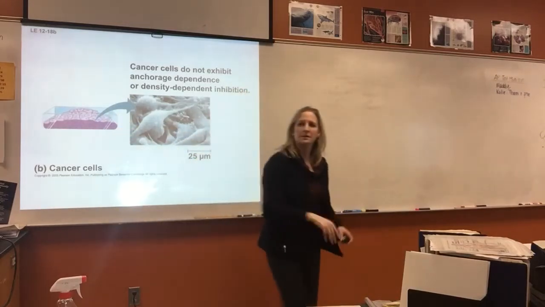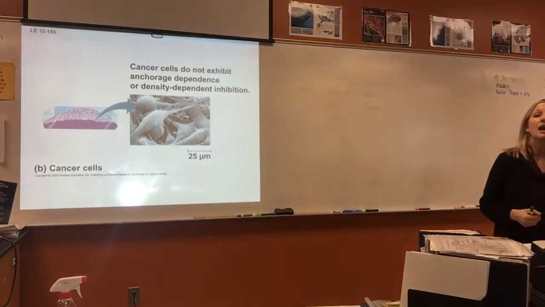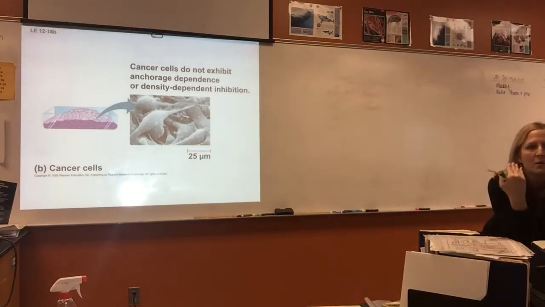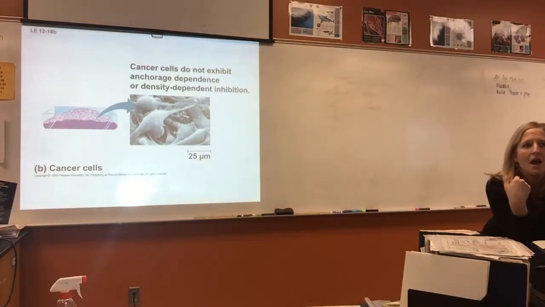All right, yes? Isn't that what skin cells do normally though, because they stack on top of each other? Yeah, it's not the same though, because when they stack up on top of each other, we do have certain stratified cells, like squamous cells, so that's normal for them. You're right. But that's not the case for all cells.